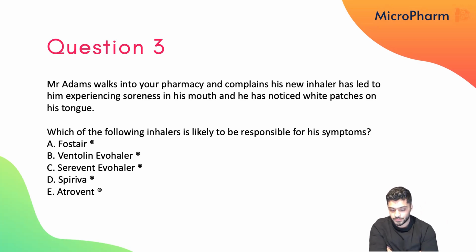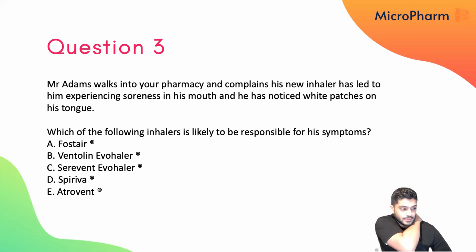Beclomethasone and formoterol. And the beclomethasone is an inhaled corticosteroid. What does Ventolin Evohaler contain? It contains salbutamol, which is an example of a SABA, a short-acting beta receptor agonist. And Serevent Evohaler contains what?